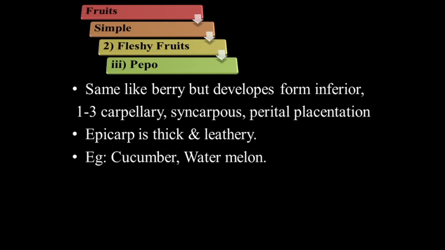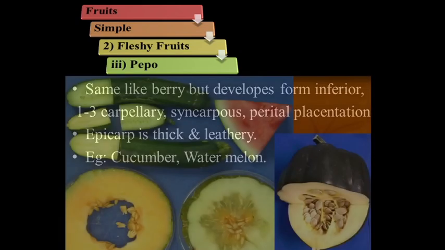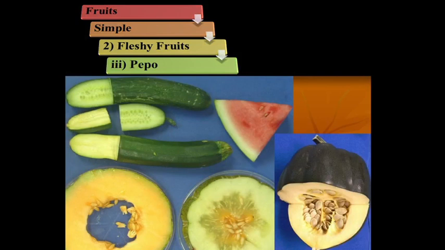In the pepo, the ovary may be one to three carpellary, that is monocarpellary, bicarpellary or tricarpellary, but always syncarpous, and the placentation is parietal, whereas in the berry fruit the placentation was axile. The epicarp is thick and leathery, for example, cucumber and watermelon.